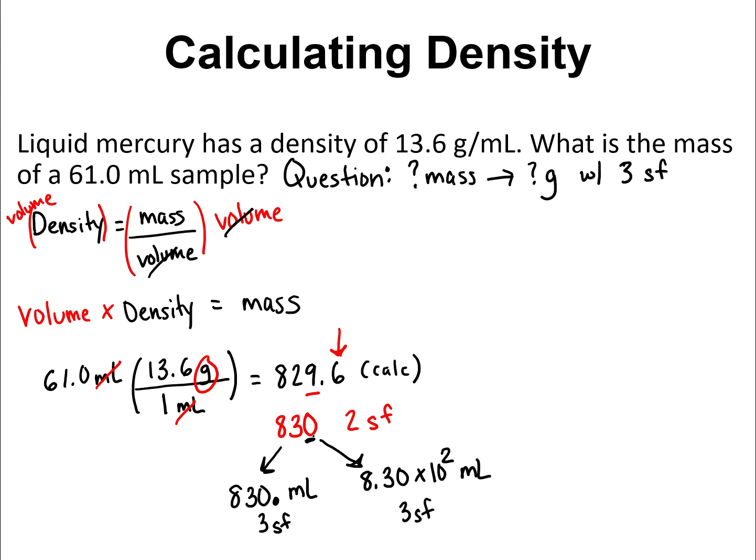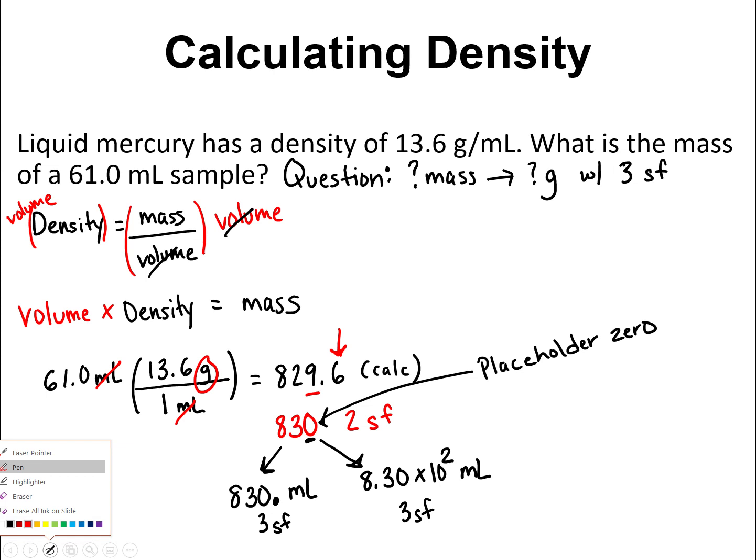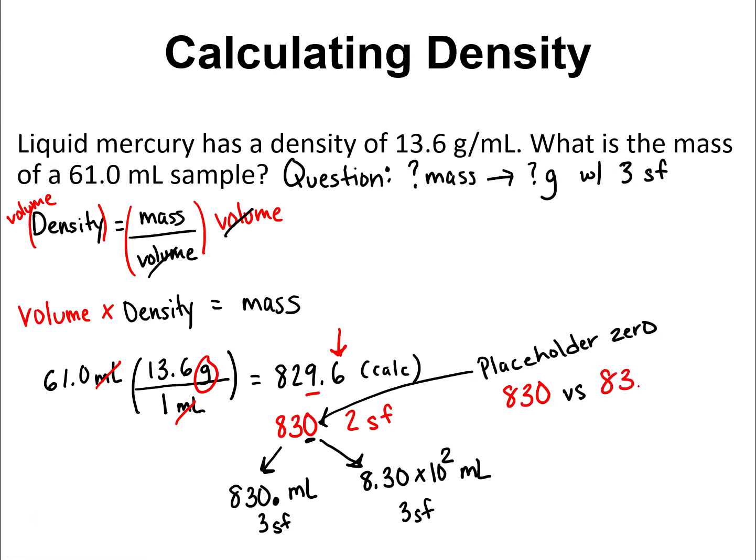So in 830, that 0 is a placeholder. If I added another 0 to that, so we've got 830 versus 8300, those two are not equal.